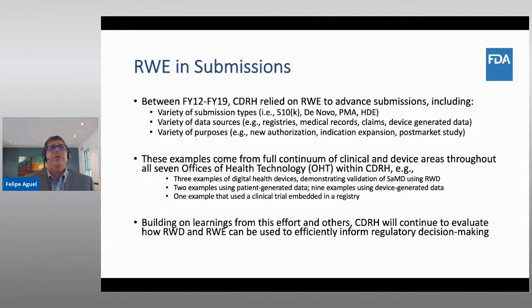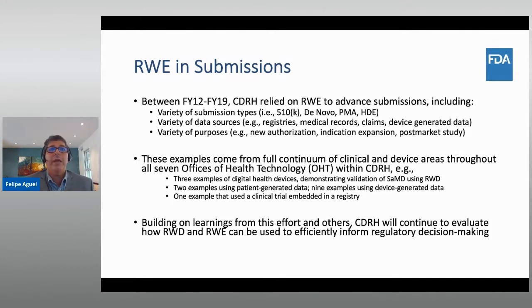So as I mentioned, between 2012 and 2019, CDRH relied on real-world evidence to advance submissions that include a wide variety of submission types: 510K, pre-market notification, de novo applications, PMAs, and even HDEs.